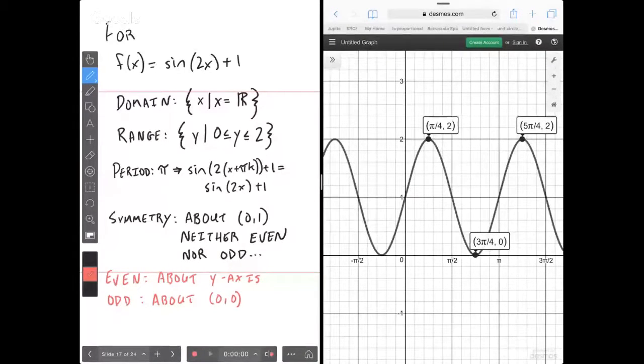Does that make sense, Mary? So it doesn't have symmetry about the y-axis. It doesn't have symmetry about 0, 0. So the symmetry is neither even nor odd. Fair enough, Mary? Hopefully.